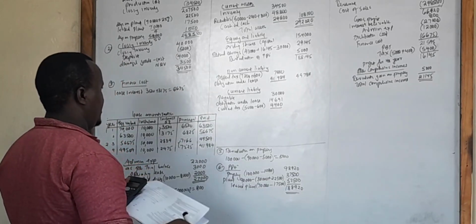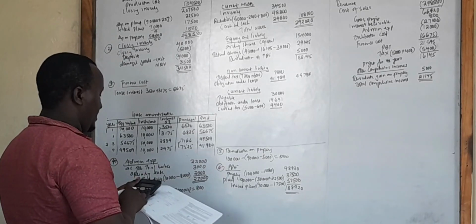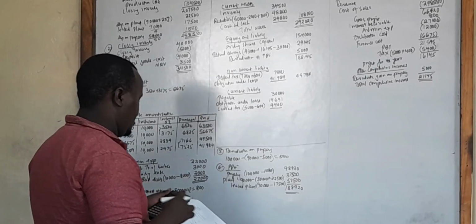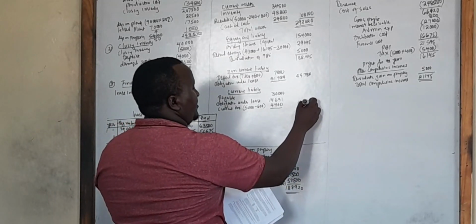So when you add that, 30 plus 44, it gives you 49,091. When you add the three of them, that's 49,784. You add 188,145.